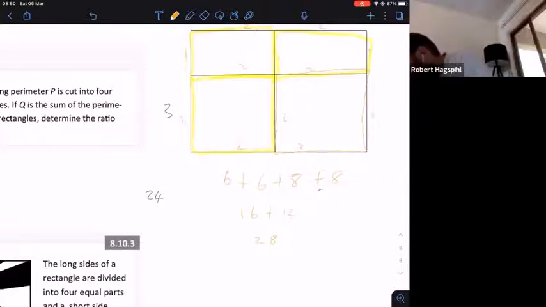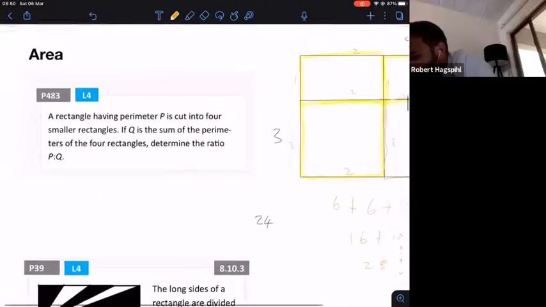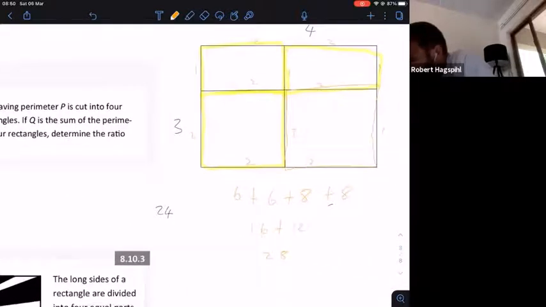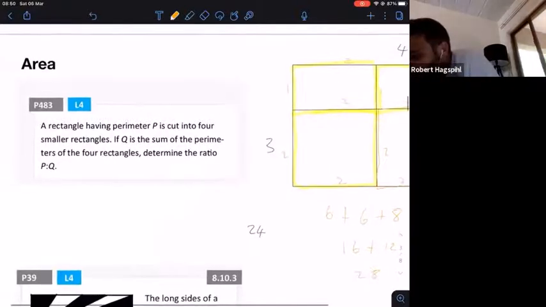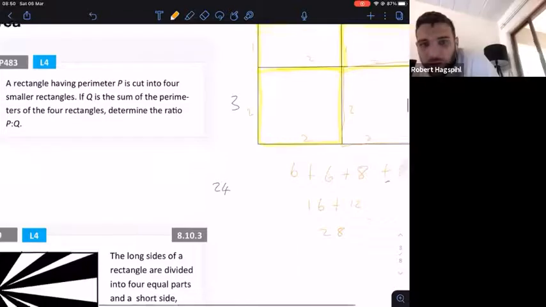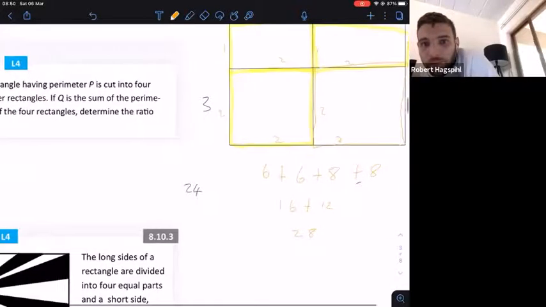Somehow I've made a mistake because the ratio should be 1 to 2, and I can't see how I've stuffed it up. Did they say cut into? No, they didn't say cut into equal rectangles.